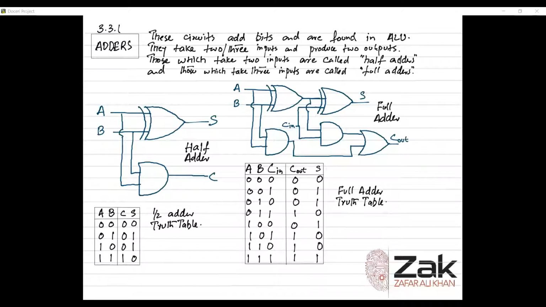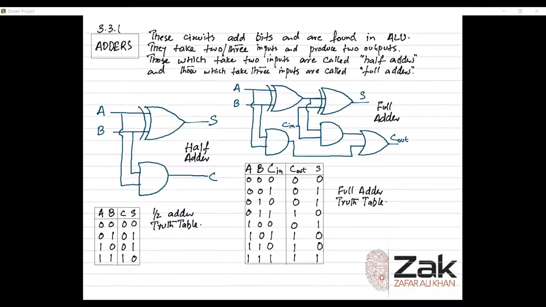Now, sometimes nobody would tell you what these circuits are. You would have to pay attention. So how would you recognize that they are adders? By having a look at their outputs. There are two distinctions with the outputs of these circuits. Number one, there are two outputs instead of one. But that can be a common case for circuits which are not adders.